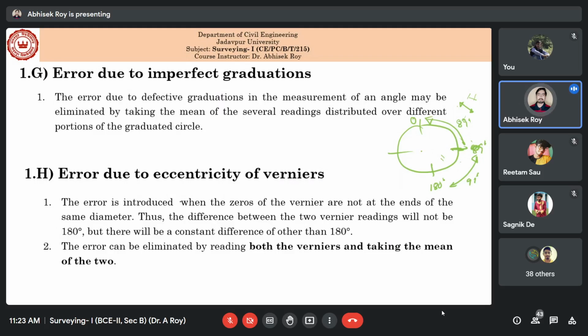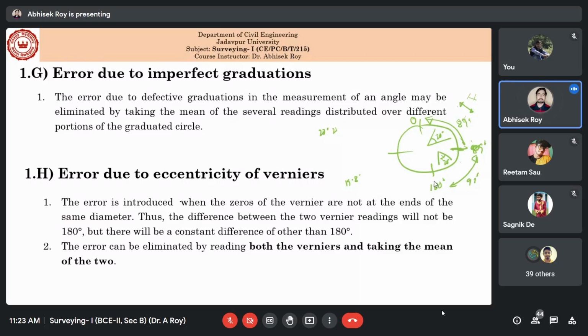So when you take the measurement in this segment and you are getting 20 degree, maybe it is not actually 20 degree, maybe it is actually more than 20 degree. Suppose 20 degree some minutes, but you are reading 20 degree. Similarly, if you measure 20 degree here, it may actually be 19.88 degree, which is shown here as 90 degree, right?